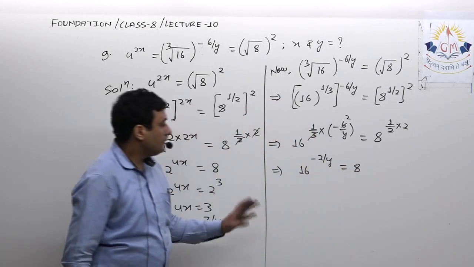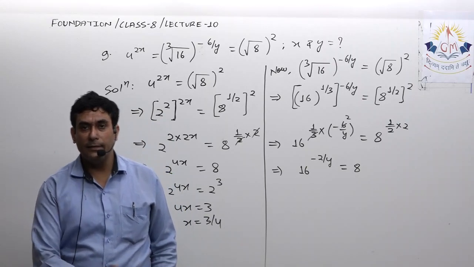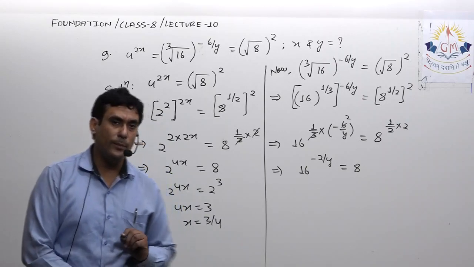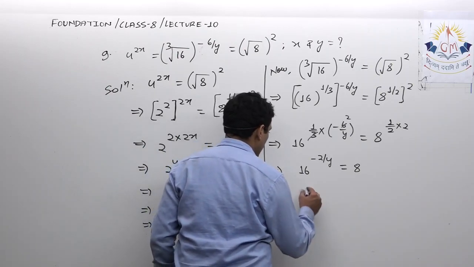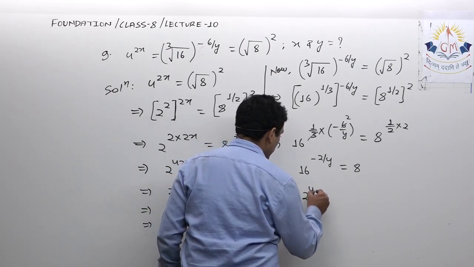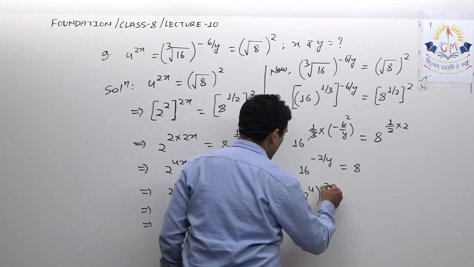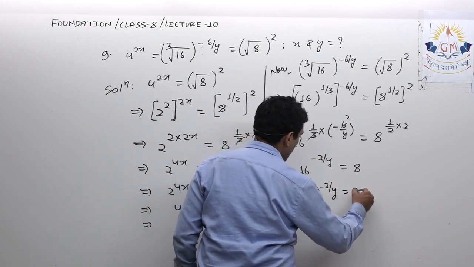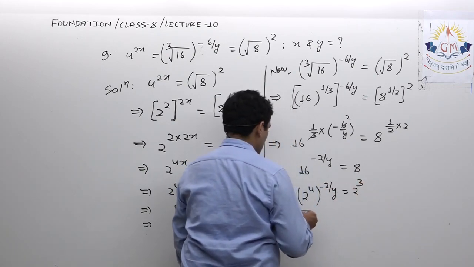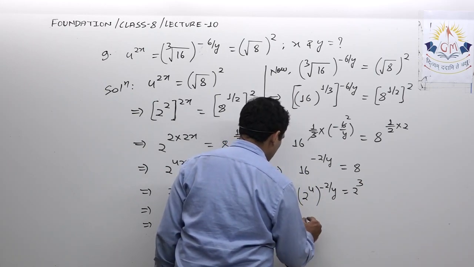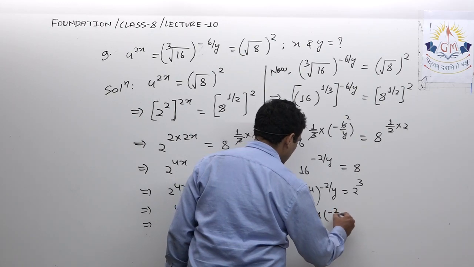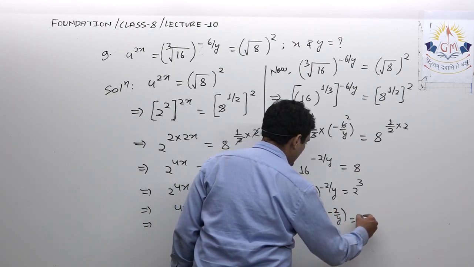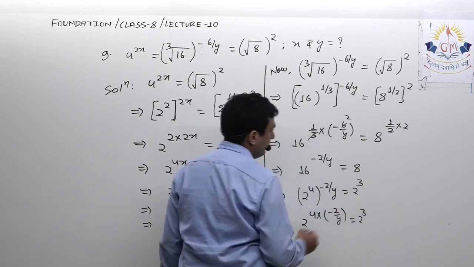Now still the left hand side and the right hand side do not have the same base. So now I will write 16 in the form of 2 raised to 4, raised to minus 2 upon y, is equal to 2 cube. So this will become 2 raised to 4 multiplied by minus 2 upon y is equal to 2 cube.